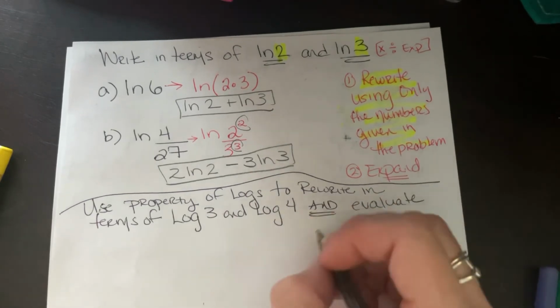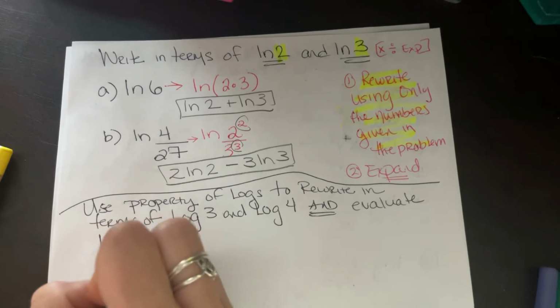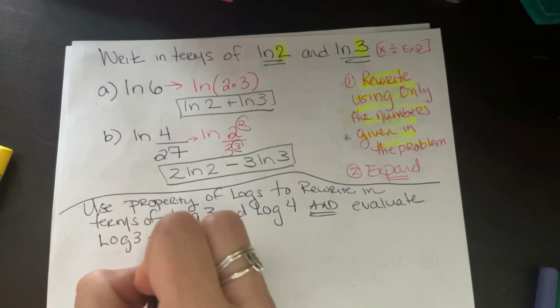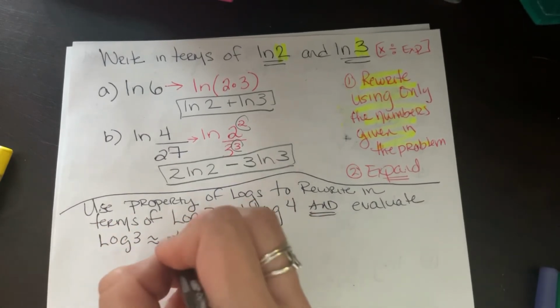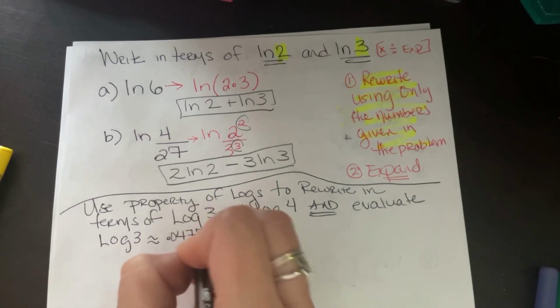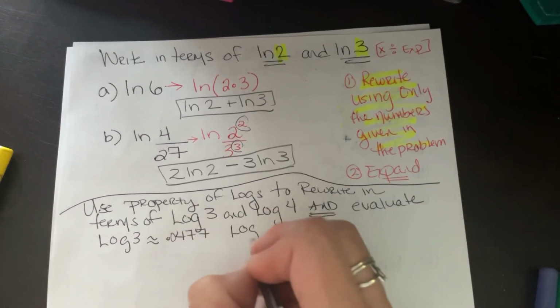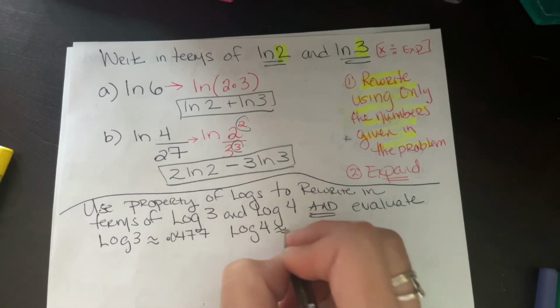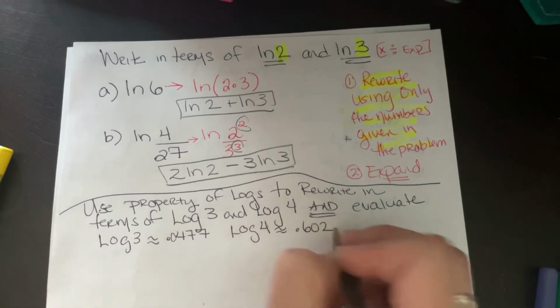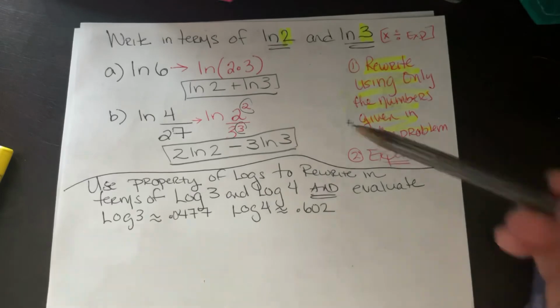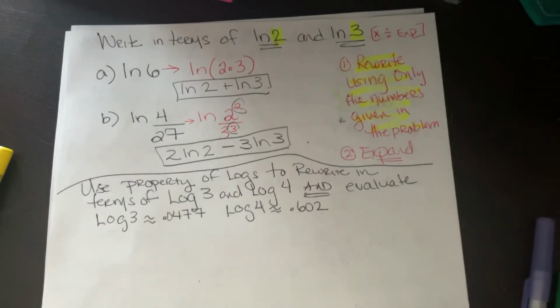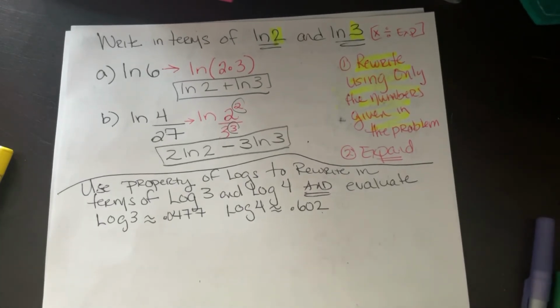Now, I am giving you this, knowing that log 3 is approximately 0.477, and we're going to say log 4 is approximately 0.602. So what you're doing is you're just going to do what we did up here and then replace. So you're going to give me a final number at the end.